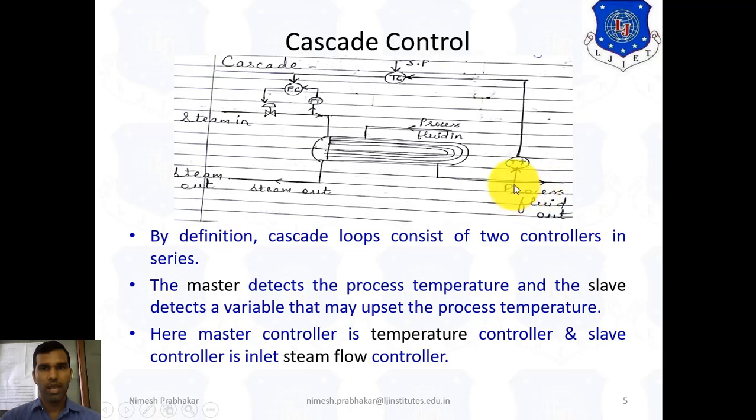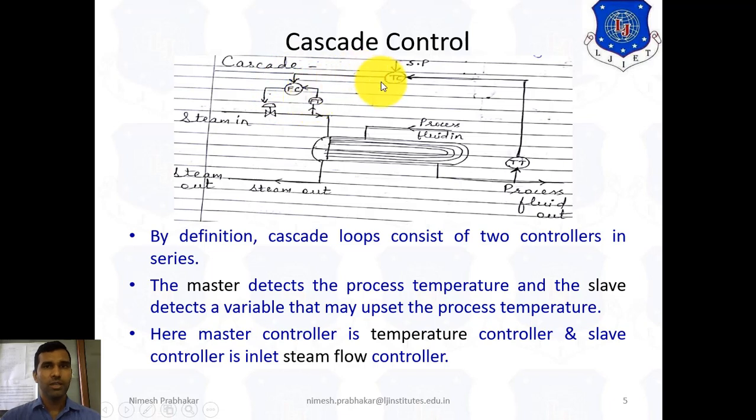Now our aim is to control this outlet fluid temperature. So for that we use two controllers. The first one is the temperature controller and the second one is the flow controller. This is an inlet flow controller. This is a master controller and this is a slave controller.